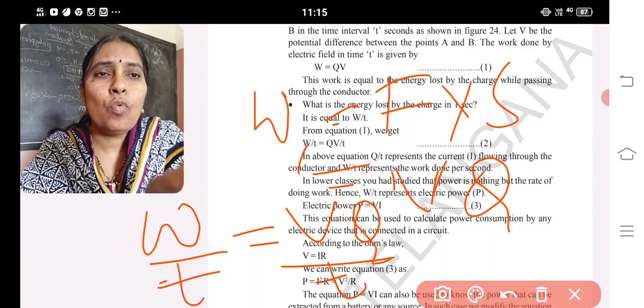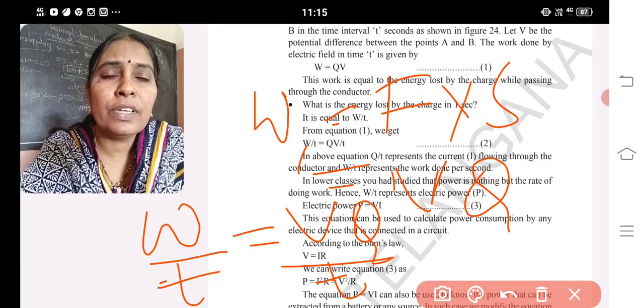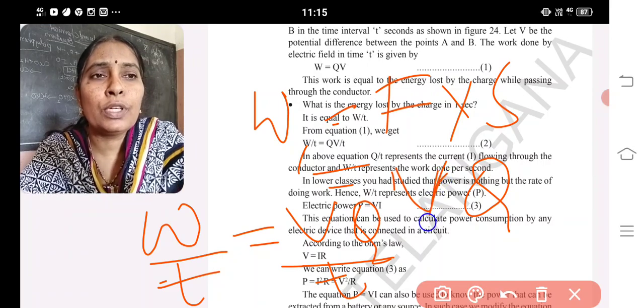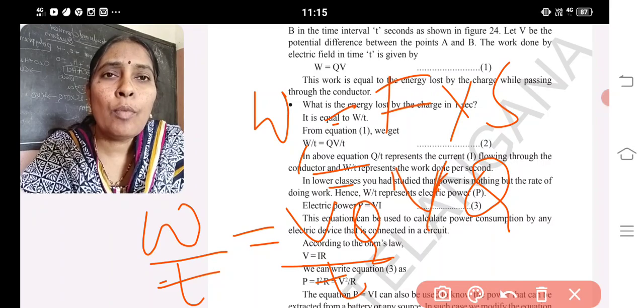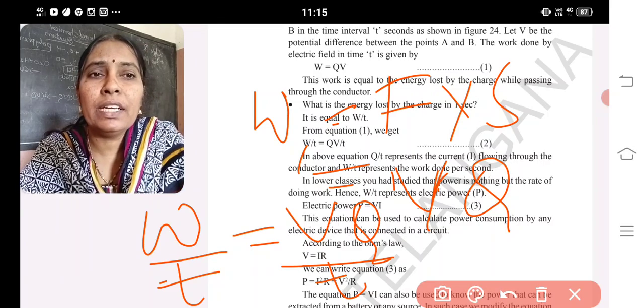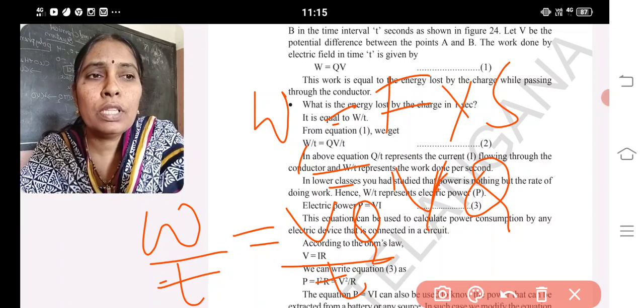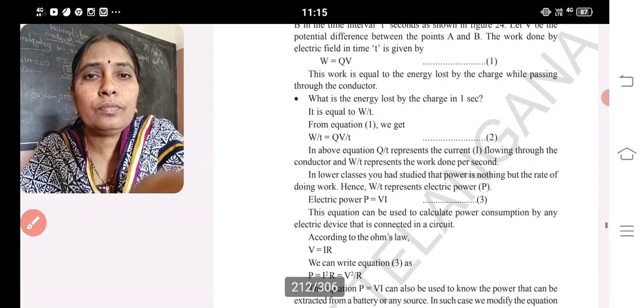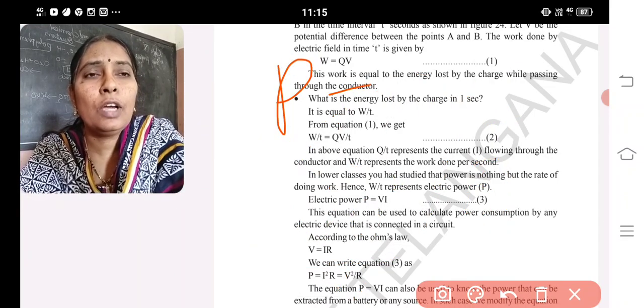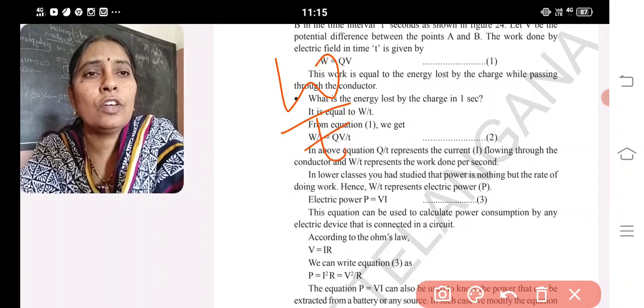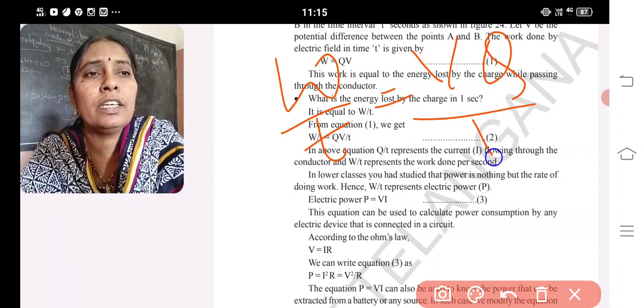Let me explain once more. What is the work definition? When a force is applied, an object moves a certain distance. Who is applying the force? Potential difference. Who is moving? Charges. So W is nothing but Q into V. And the amount of work done per T seconds is given as W by T, that is equal to QV by T. You know that W by T is nothing but P, the rate of doing work, which is power.